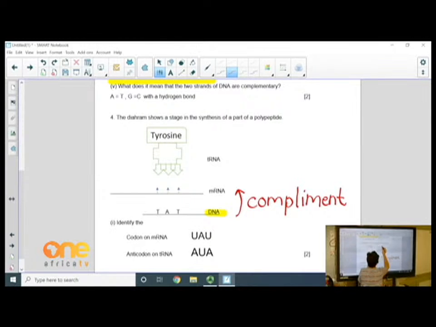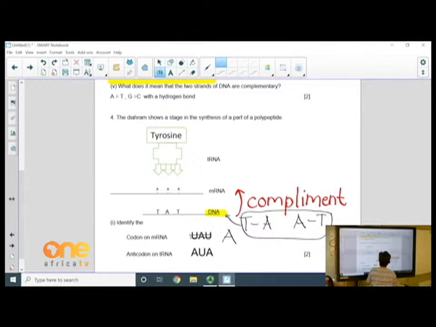In DNA, T links to A, and A links to T. But if we talk RNA, we know there are no T's in RNA. The T is substituted with a U.